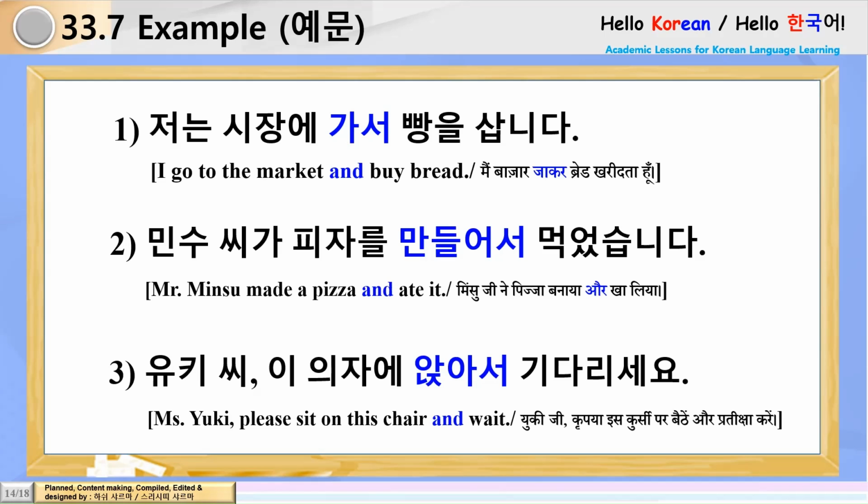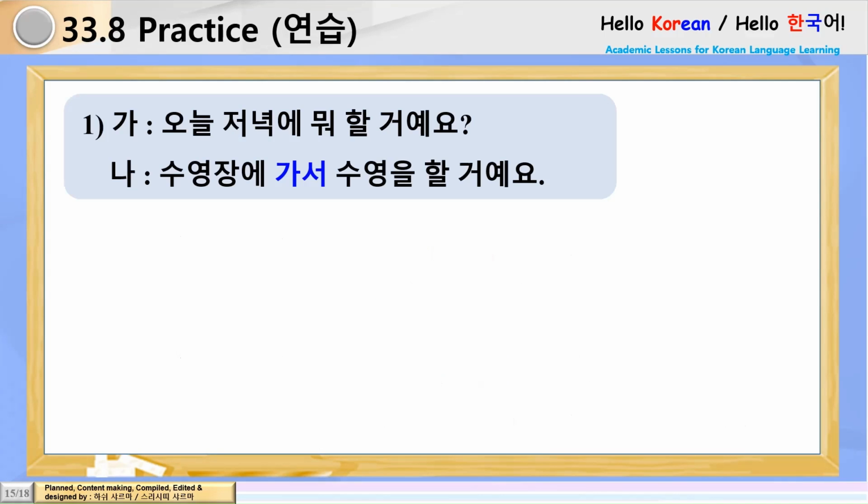And now it's time to practice with daily life practical sentences. See number 1. 오늘 저녁에 뭐 할 거예요? 수영장에 가서 수영을 할 거예요.